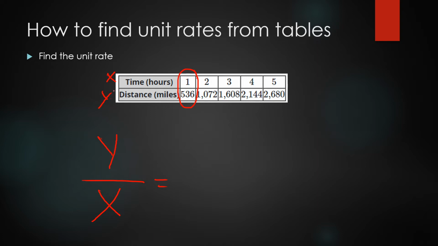Because my y value is 536, and my x value is 1. Which means that my unit rate for this table is actually 536 over 1. And I don't need to simplify this anymore because I already have that 1 in my denominator, which tells me that this is a unit rate.